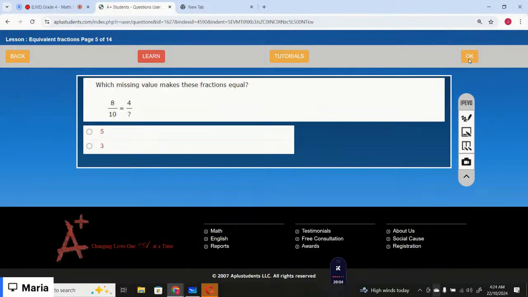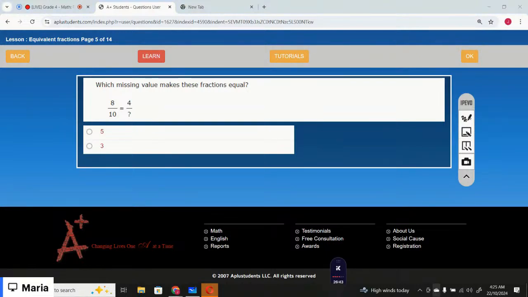Which missing value makes these fractions equal? 8 over 10 equals 4 over the missing number. So which number is missing? That is 5.